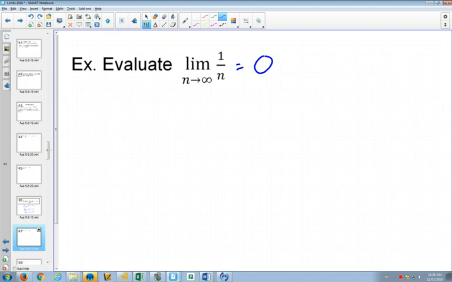So here's a real life example. You have one birthday cake, and it's your birthday. You want to share it with all your friends. Unfortunately, the number of friends on Facebook has been approaching infinity because you just keep getting more and more and more. How much cake does each person get?